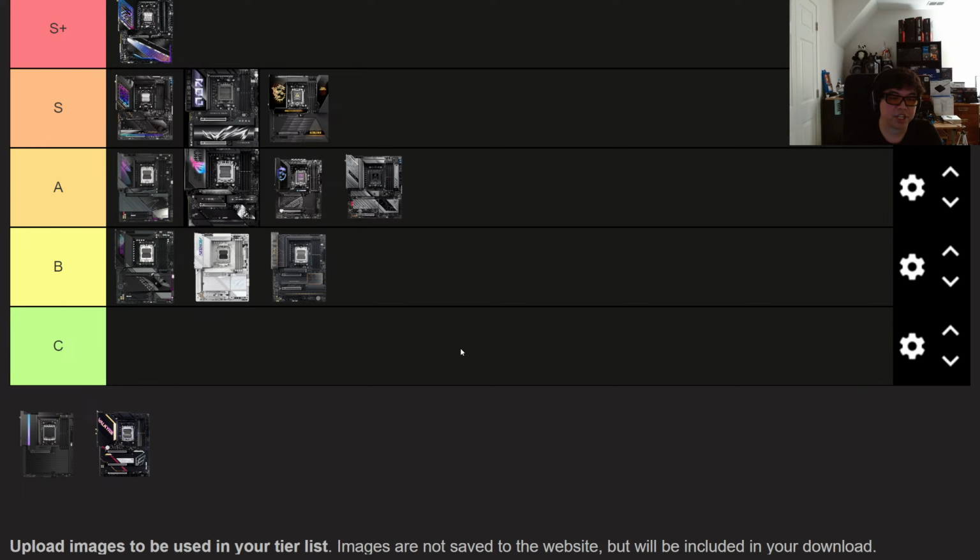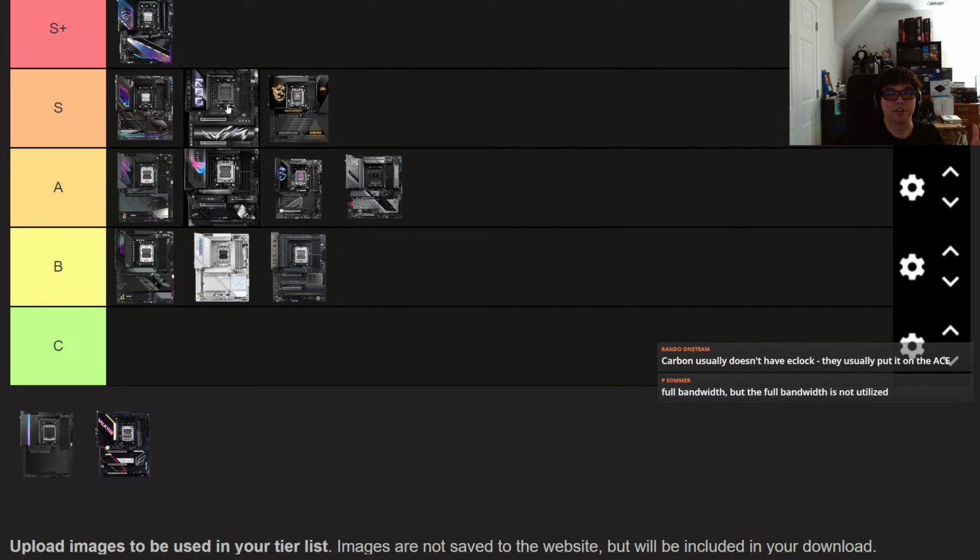The ASRock X870E Nova Wi-Fi has good VRMs. Yes, it does. Carbon usually doesn't have E-clock. They usually put it on the Ace. Yeah, that's what I'm thinking. Because, here's the thing: the Ace is the rival to the Hero. The Ace is the $700 MSI board.